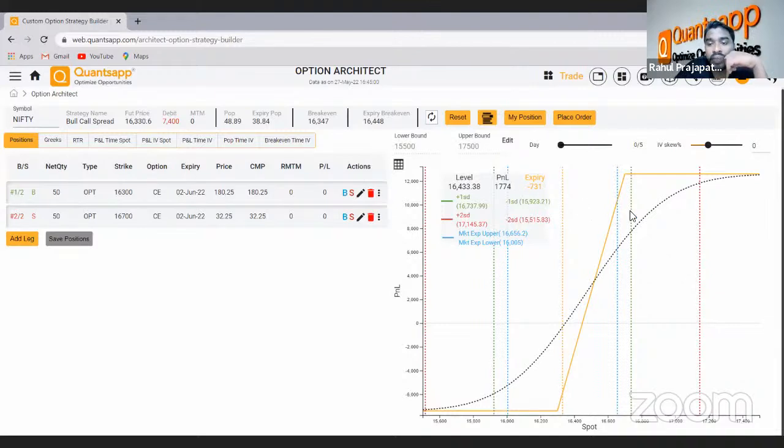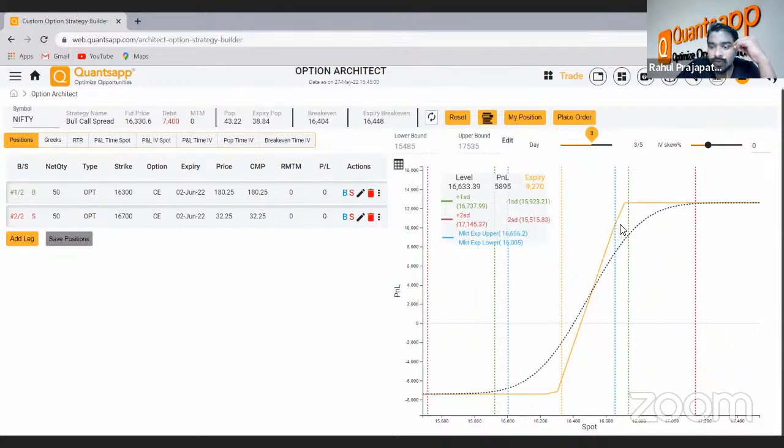That's the first thing that we need to see. Now you can simply simulate the price and the days, and you can see what will be your profit and loss. Let's say my target is 16,800, and that comes after 3 days. Right. So I'll drag this. Okay. So now if it comes to 16,800 at this time, my profit is this, 8,797, so approximately 8,700 to 8,800 I'm making.